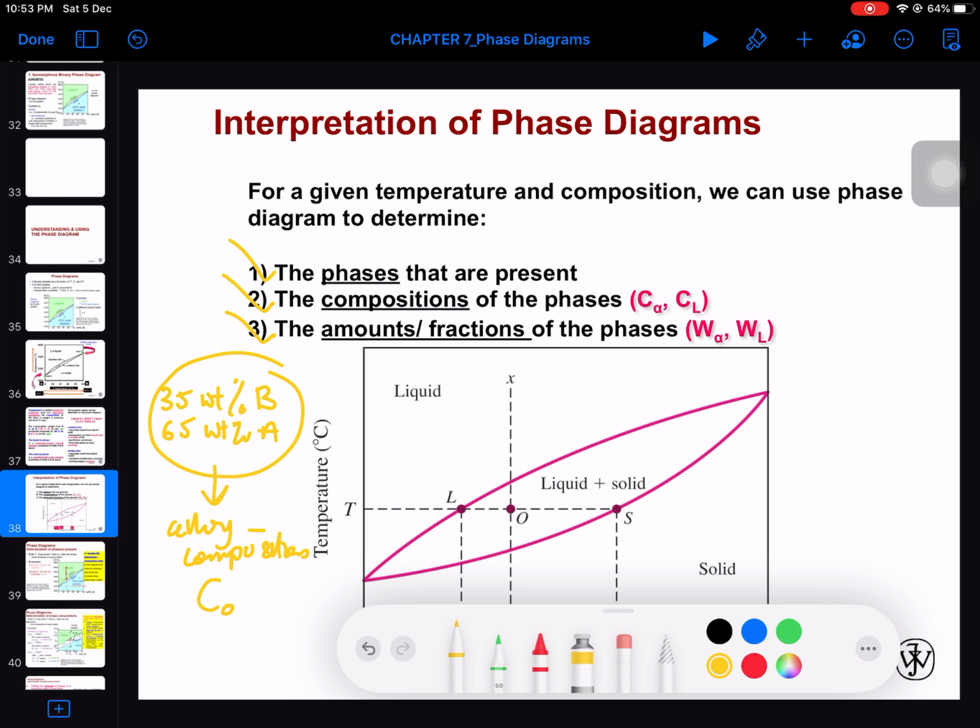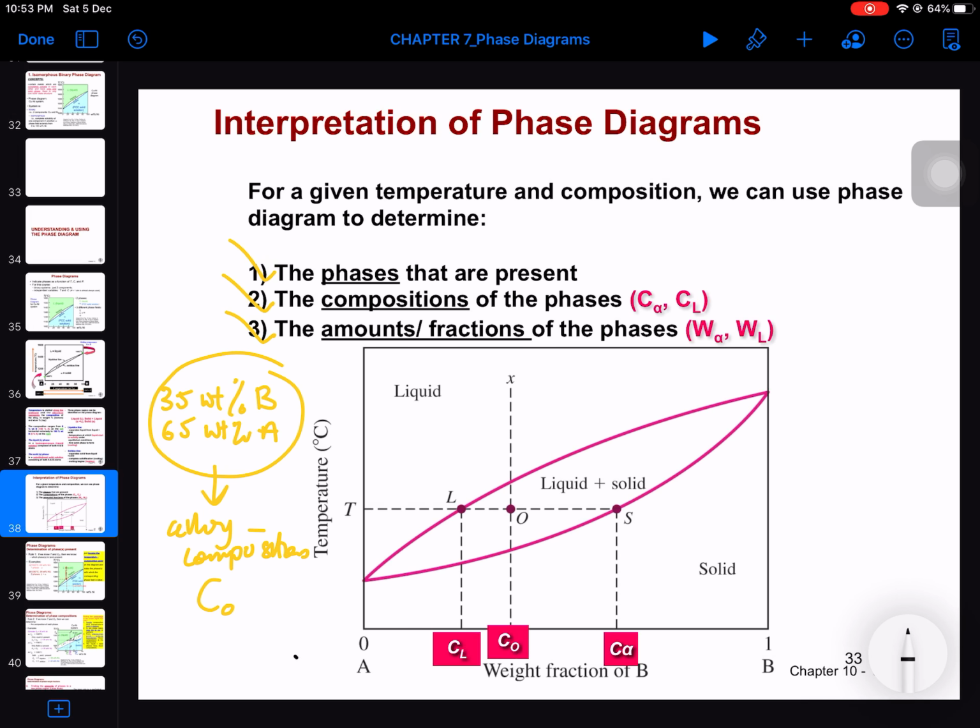So this is our C0, the alloy composition.